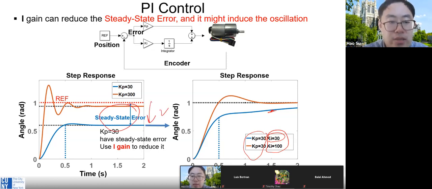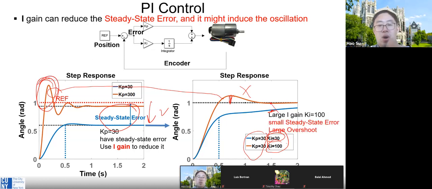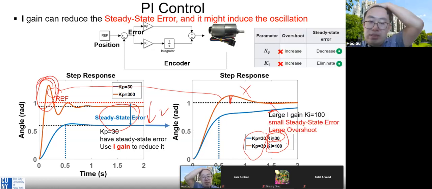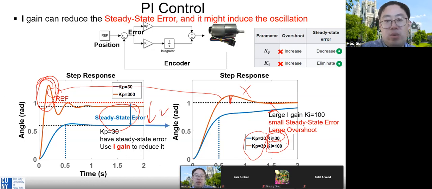And with a bigger KI, we get rid of the big overshooting. It still has some overshooting, it's not perfect, but better than this case. So this is the capability of the KI controller. If you increase the KI, it will reduce.